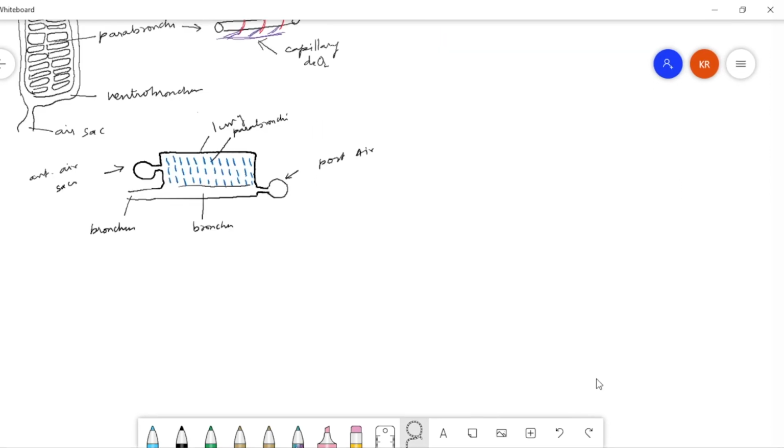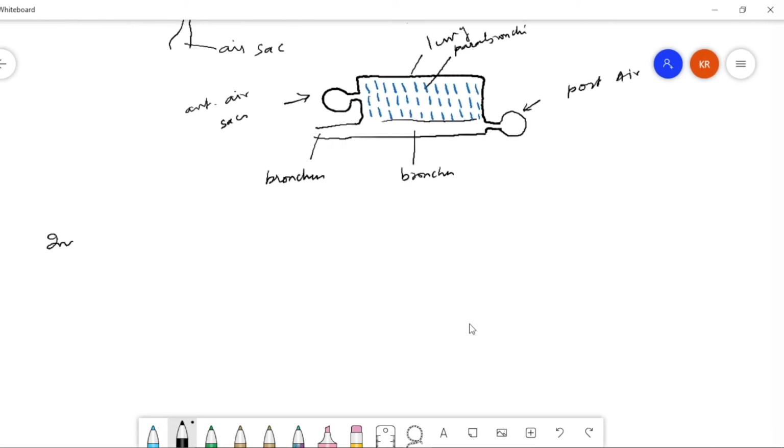When we are considering the lungs of the pigeon, let us look at the airflow, and we will divide this into 4 parts because there are 2 phases of inspiration and 2 phases of expiration. So inspiration 1. What is inspiration 1?